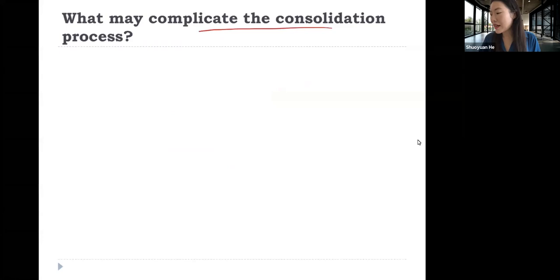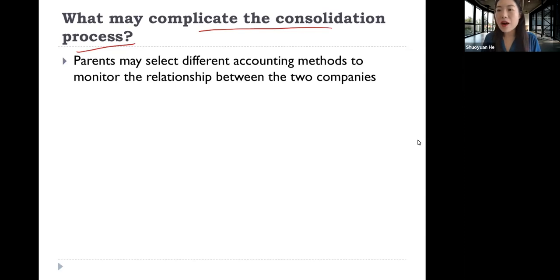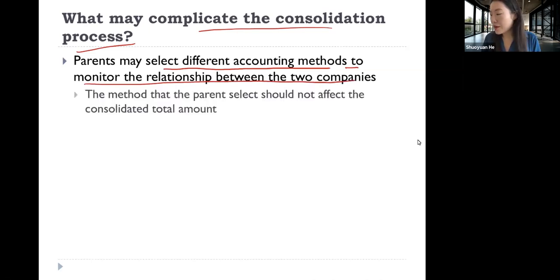What may complicate the consolidation process? A lot of things may complicate it. One thing, as we briefly mentioned at the beginning, is that the parent may select different accounting methods to monitor its relationship with the sub, for example the equity method, initial value, or partial equity method.